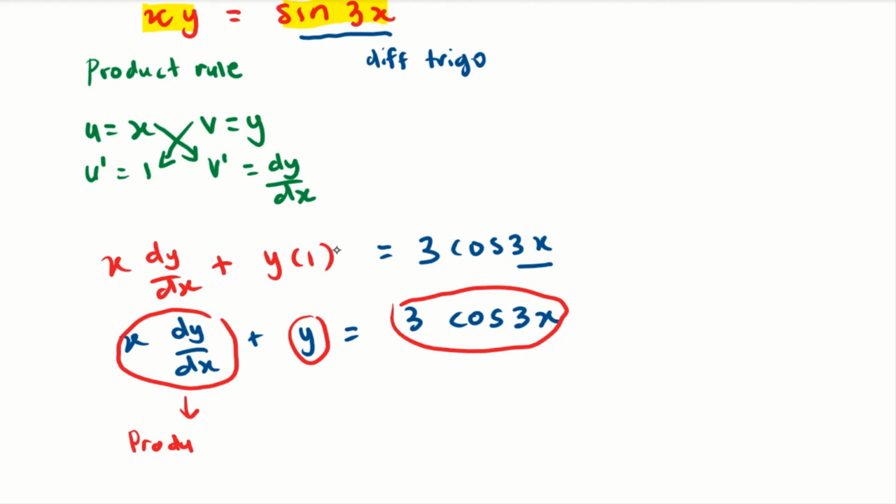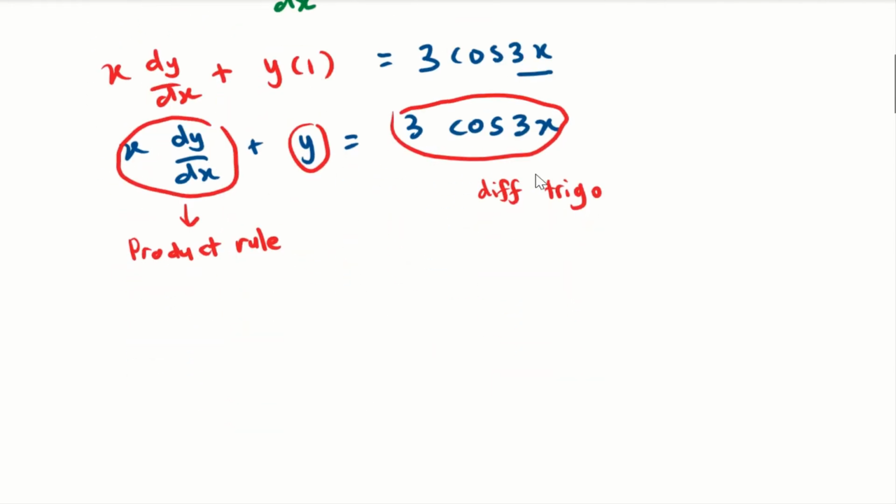X dy dx, x multiplied by dy dx. And then y kita boleh direct differentiate, and on the right hand side we have 3 cos 3x. So this is supposed differentiate trigo untuk cos. Okay.